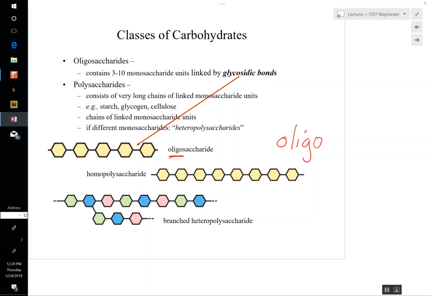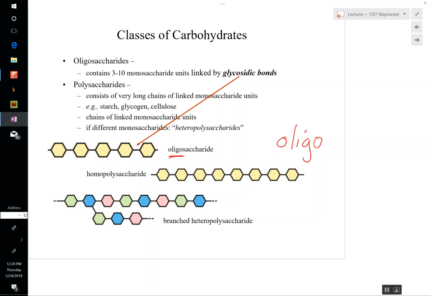Yes? Can you repeat again? You use that when what? When there are somewhere between 3 and 10 units, you would use oligo. And then kind of when it gets over 10, it's a poly, or many. In the language, we would say, how many people were there? There were 2.